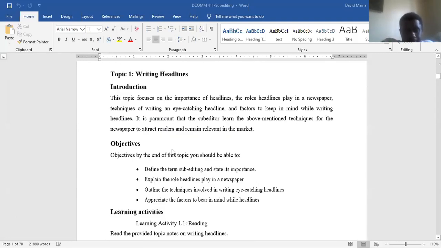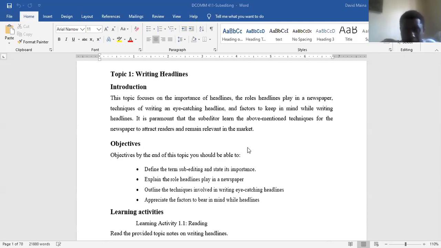So our topic 1 is what we call writing headlines. I'm talking to you. Yes. And as far as introduction is concerned, it focuses on the importance of headlines, the roles of headlines, and the factors to keep in mind while writing headlines.